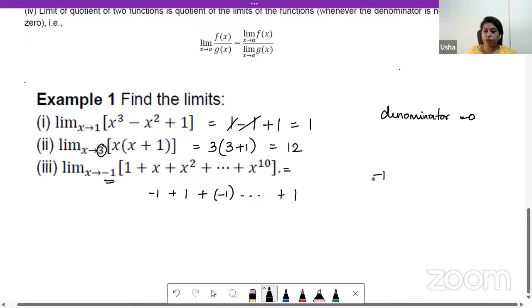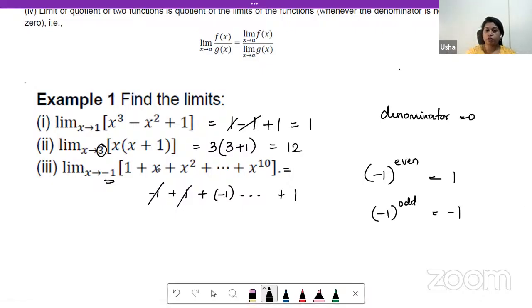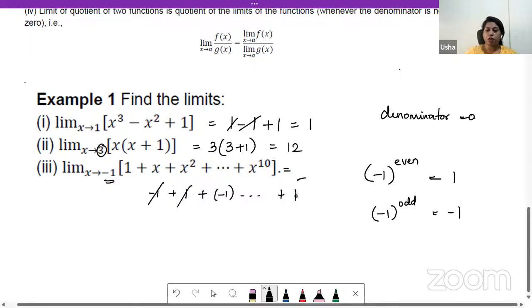A negative number with an even power will give you a positive value. A negative number with an odd power will give you a negative value. So x power 1 is negative, x power 2 is positive. These two get cancelled. Similarly, x power 3 is negative, x power 4 is positive. Those two get cancelled. So from 1 to 10, you have 5 negative numbers and 5 positive numbers. All of that will get cancelled except the 1 in the beginning that remains. So the answer is 1.